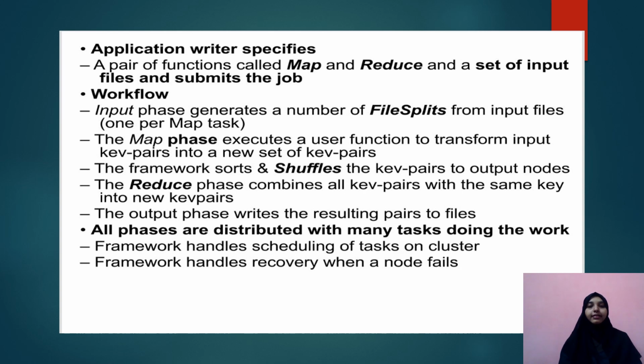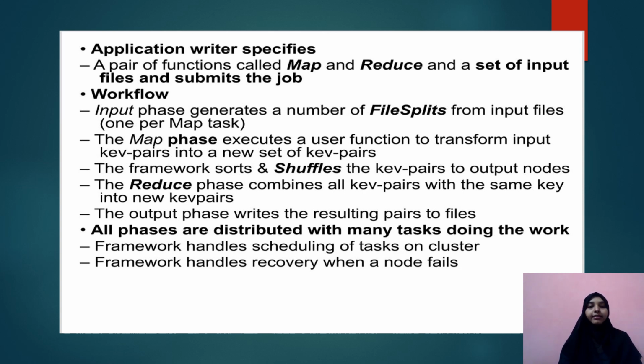So now let's have a look at this. The application writer specifies a pair of functions called map and reduce and a set of input files and submits the job. Workflow. Input phase generates a number of file splits from the input file, one per map task.